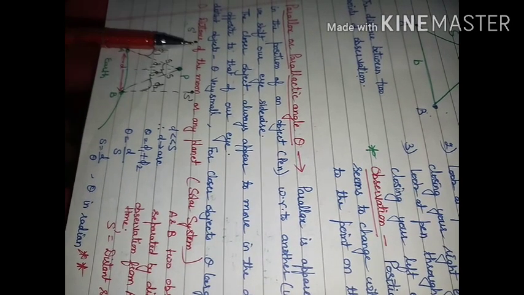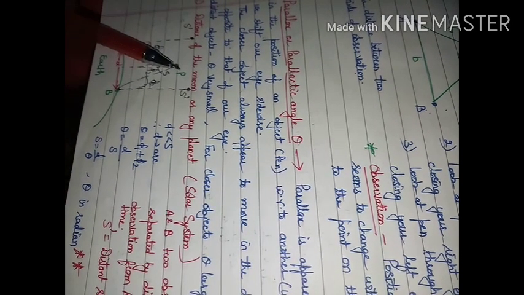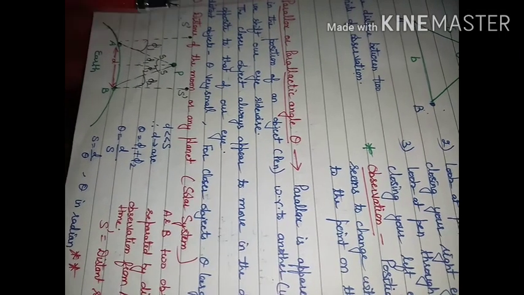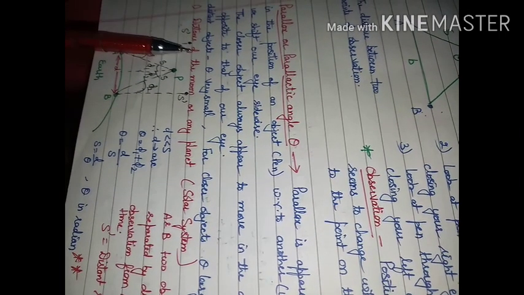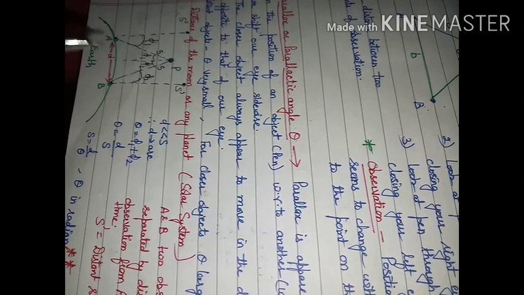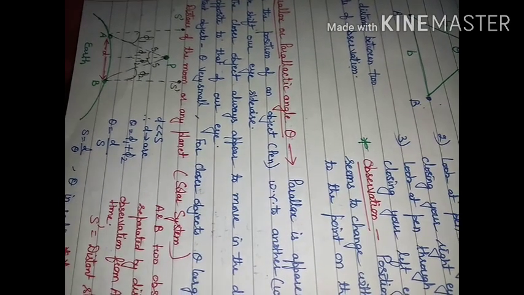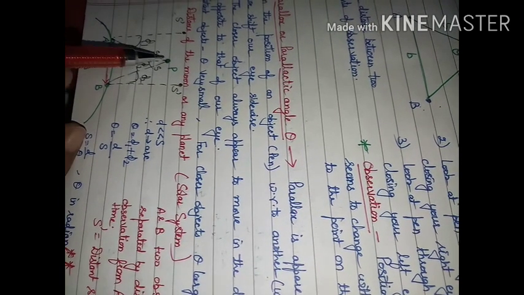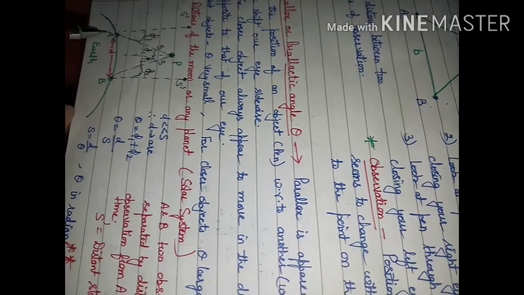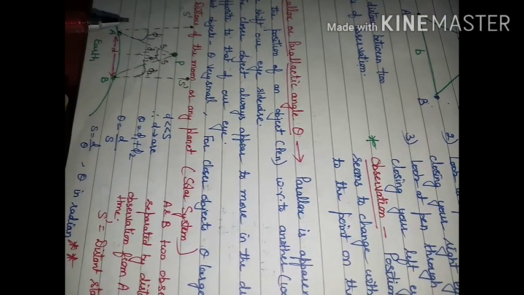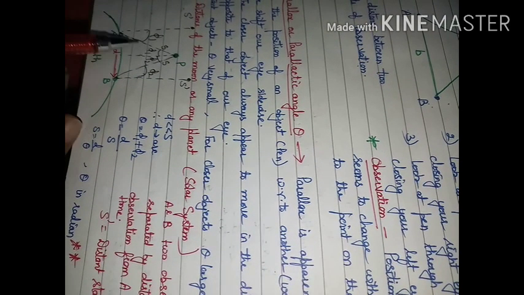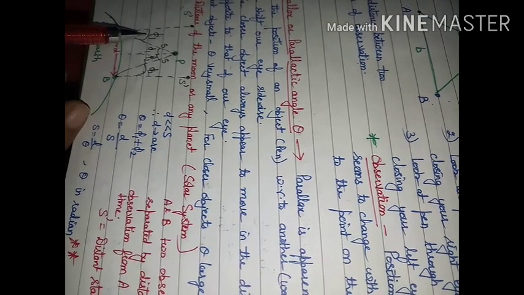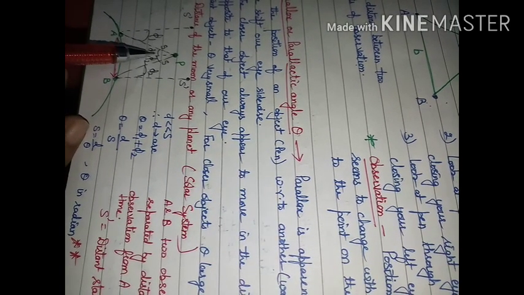The angle by which this telescope gets shifted, or the angular change that we give, we can measure with the help of this. Now this line and this line are parallel, and this is a transversal. So this angle and this angle will be alternate angles. So this is phi 1. So this angle will also become phi 1.